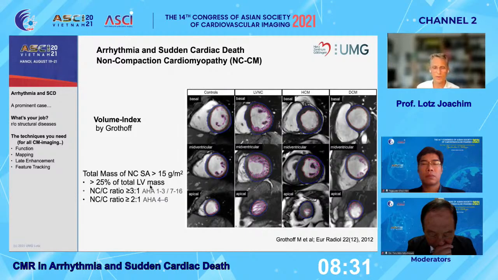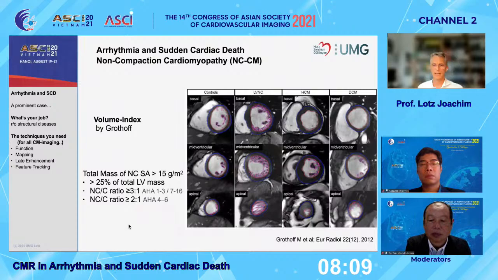But Grothoff and Gutberlet also pointed out that trabeculation must be much more intense in the mid and apical left ventricular region than in the basal parts, because the apical and mid ventricular portions show some trabeculation in the left ventricle because of the papillary muscles.